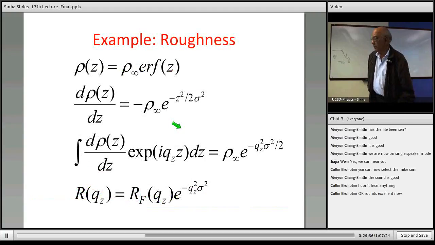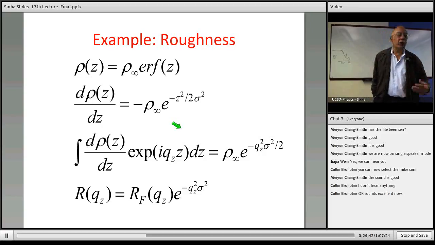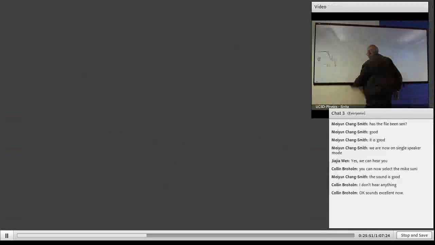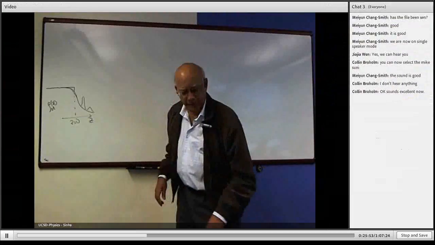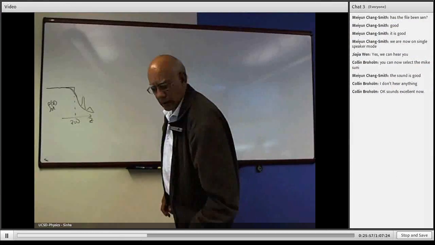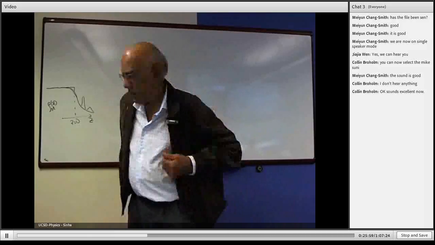Let's go on. Let me give you an example of using this formula to show you qualitative features of reflectivity curves. Let me go back to the board here and show you again. Where did I put my pen?